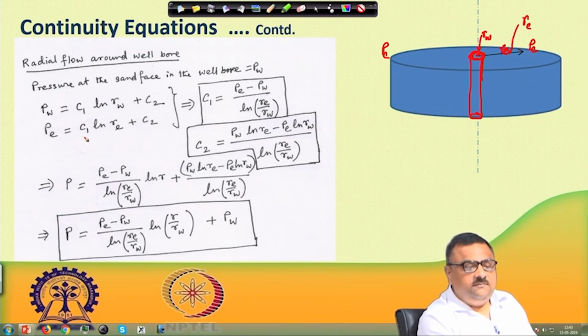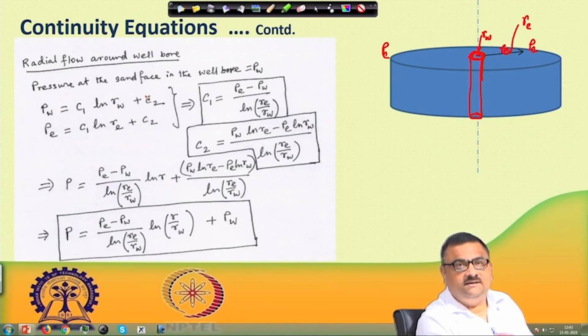So P e is equal to C 1 ln R e plus C 2. We can apply P is equal to C 1 ln R plus C 2 both at the well sand face as well as at R is equal to R e. So these are the two equations we get.